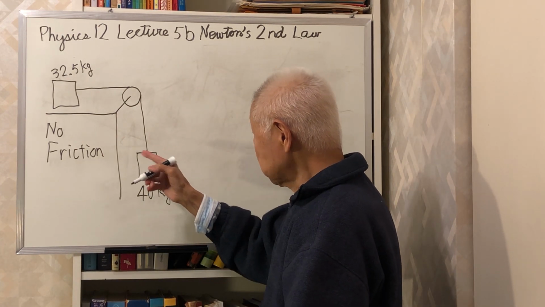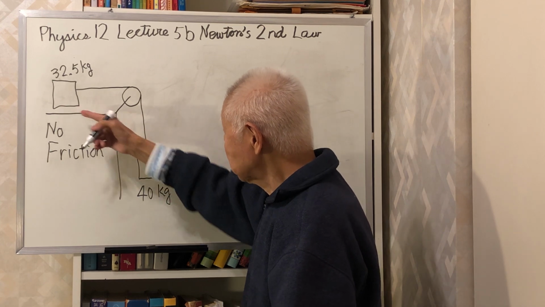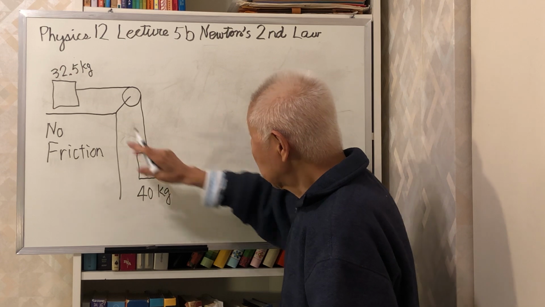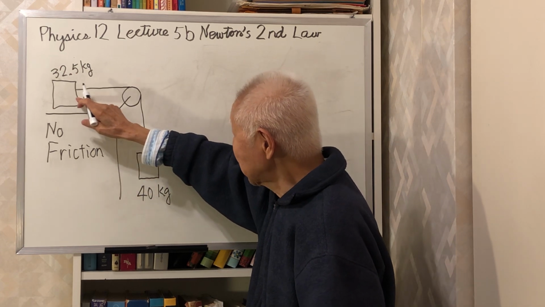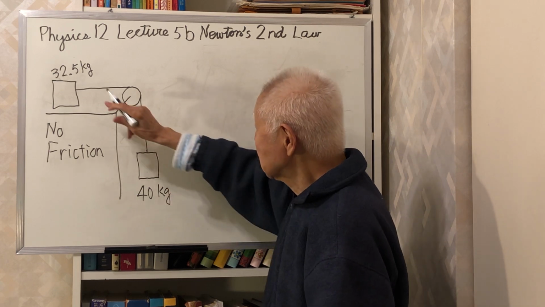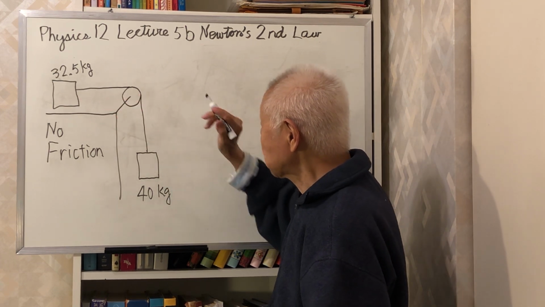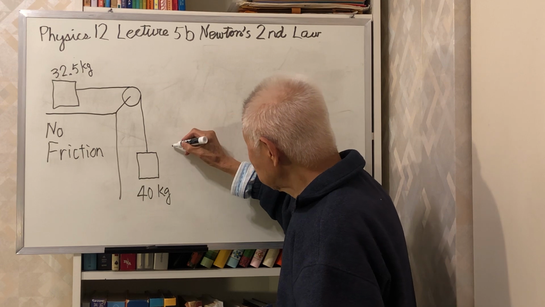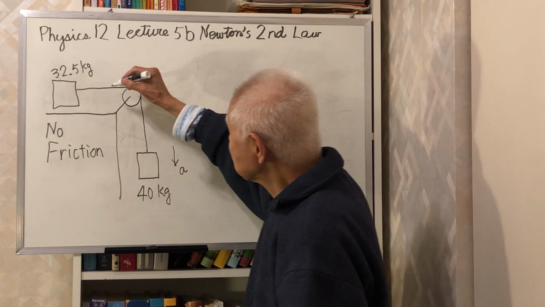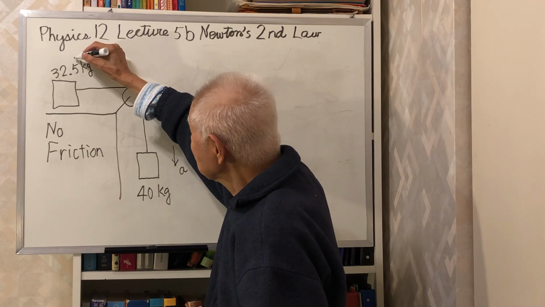Because there is no friction here, this will drop, and this will slide to the right hand side, right? This drops, this slides to the right hand side. So there is acceleration here, and there is also acceleration here.